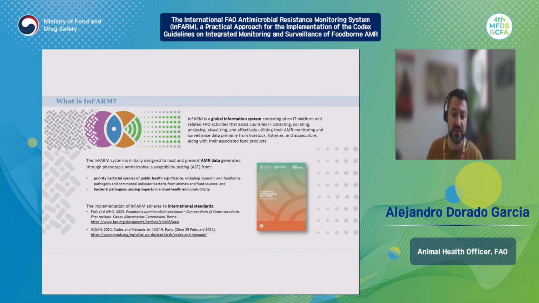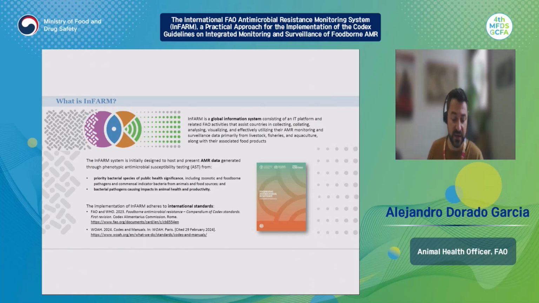The INFARM system is essentially designed to host and present AMR data through phenotypic antimicrobial susceptibility testing, and is focusing on priority bacterial species of public health significance, including zoonotic bacteria and foodborne pathogens, and commensal indicator bacteria from animals and food sources. And also is focusing on bacterial pathogens causing impacts in animal health and productivity.